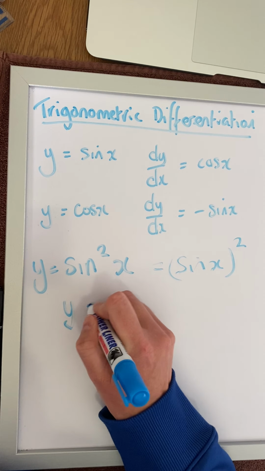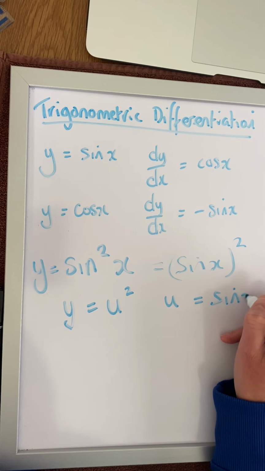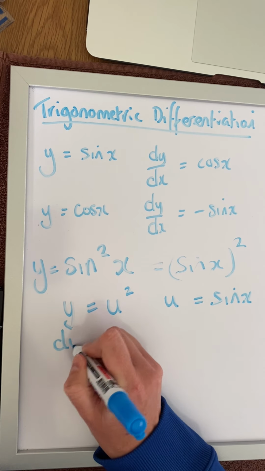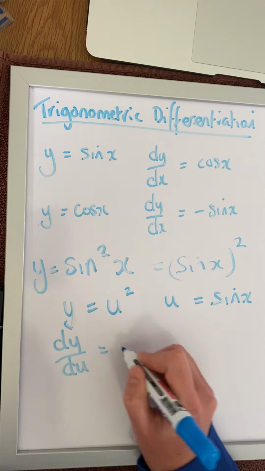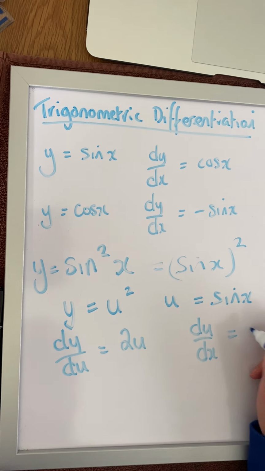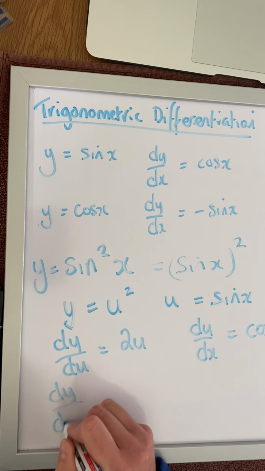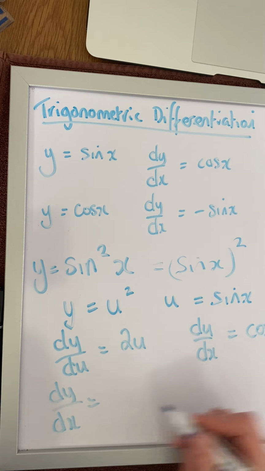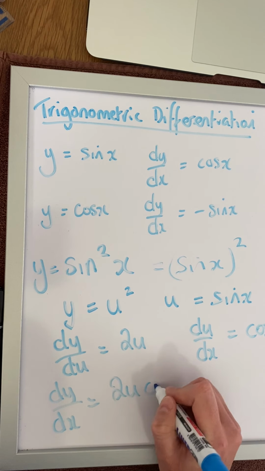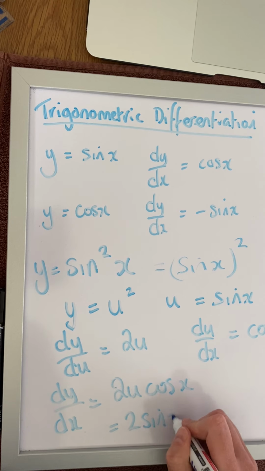So we say y is equal to u squared, where u is equal to sine x, all right? dy/du is 2u, du/dx is cos x, and therefore dy/dx is the multiplication of the 2u cos x, which is 2 sine x cos x.